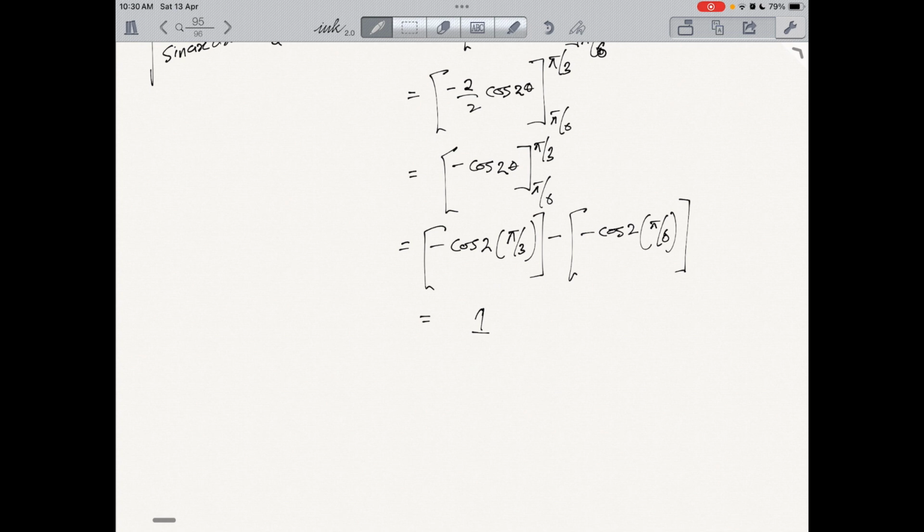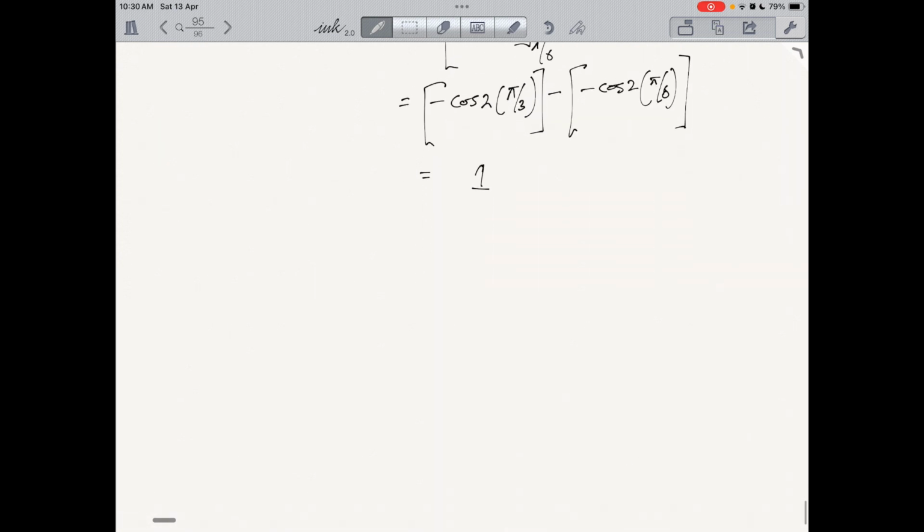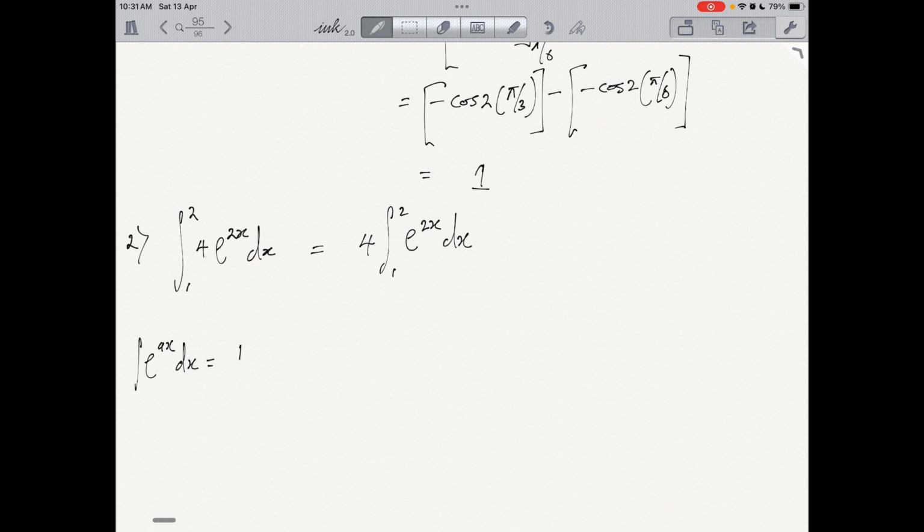Let's take another example. We are asked to integrate with respect to x from lower limit 1 to upper limit 2 of 4 exponential 2x dx. So the first thing we do is to bring out our constant, 4 times the integral of exponential 2x dx. And we recall that when we integrate exponential ax with respect to x, our answer will be 1 over a exponential ax.